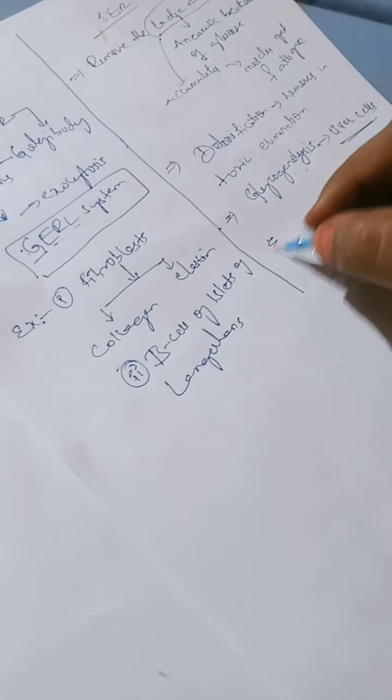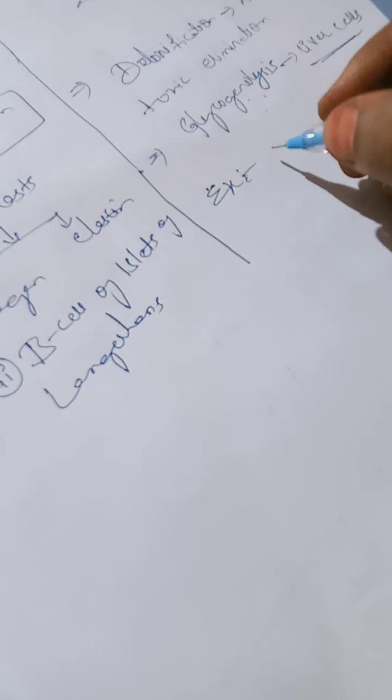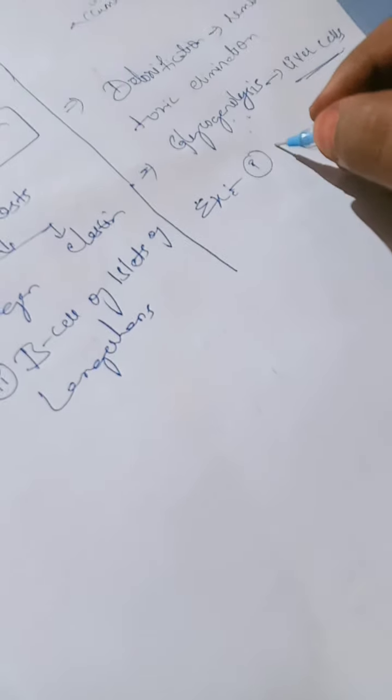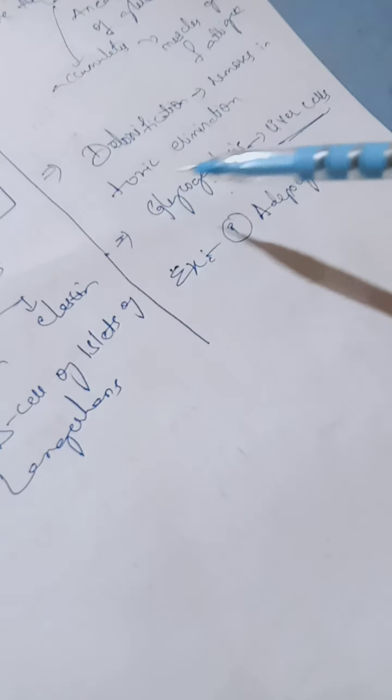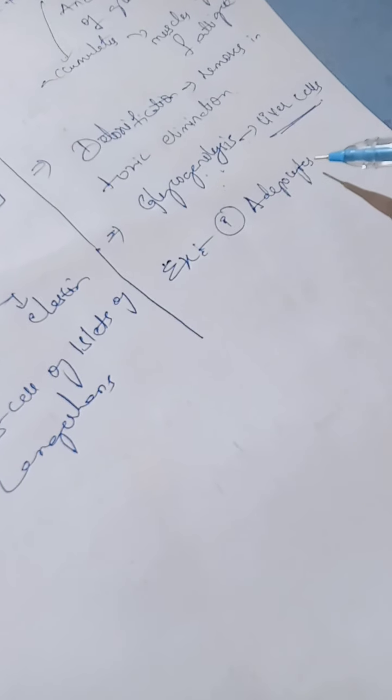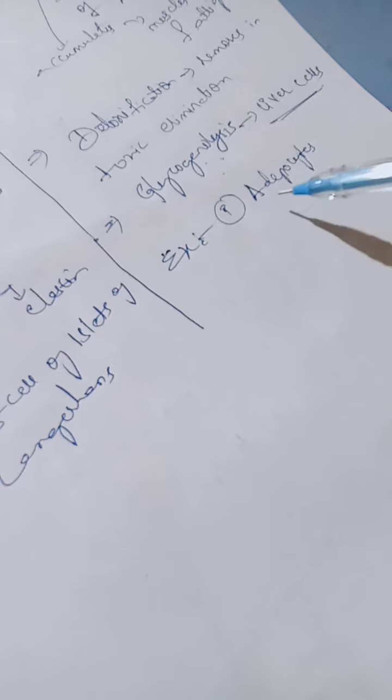Then what examples can we give for the smooth endoplasmic reticulum? First we can give adipocyte cells, which produce fat as well as store the fat. SCR is involved in lipid synthesis. Lipids means fats. So in the adipocyte cells most of this SCR will be present.